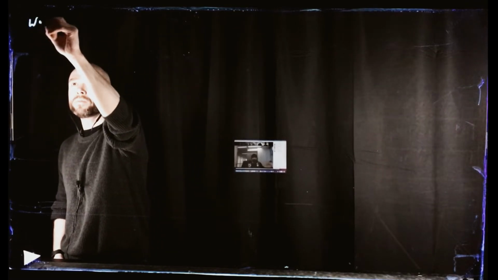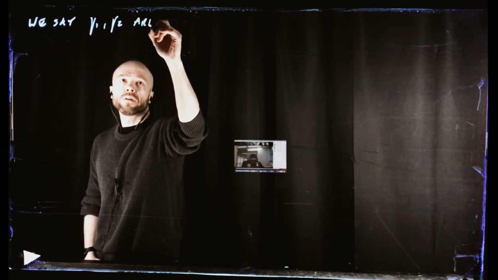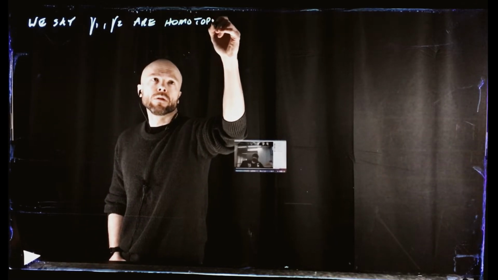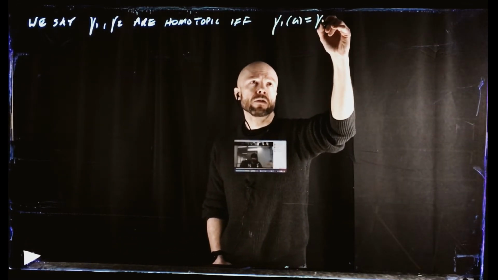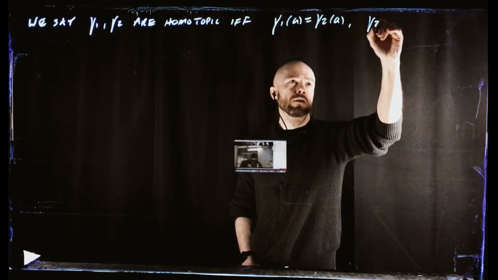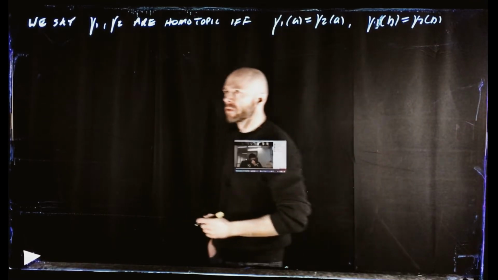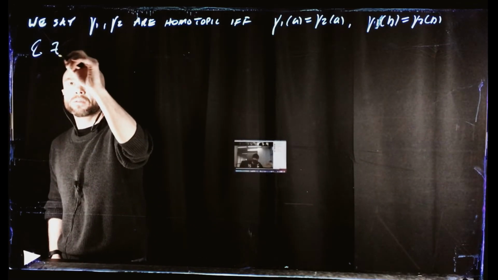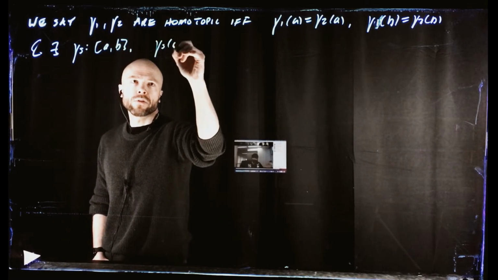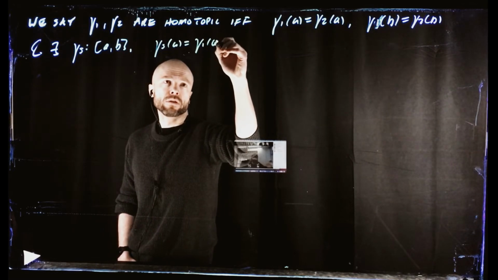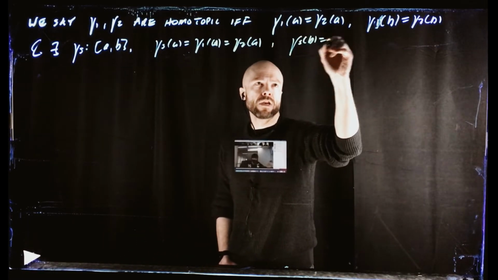So we say gamma 1 and gamma 2 are homotopic if and only if they're curves with the same start and end point, and there exists a family gamma s from A to B, where gamma s of A is the same as these endpoints, and gamma s of B, of course, is the same.